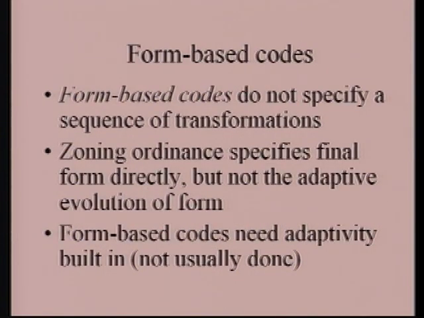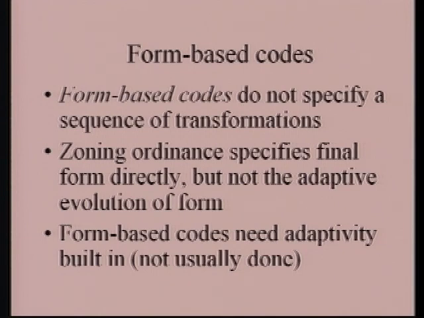So let me discuss what we have today, which is before we implement our generative codes. We have form-based codes, and they do not specify a sequence of transformations. They just specify the final form directly. And this is made legal in most of the world today by zoning ordinance. But the zoning ordinance does not concern itself with the adaptive evolution of form, which is what we are concerned about for a more humane architecture.